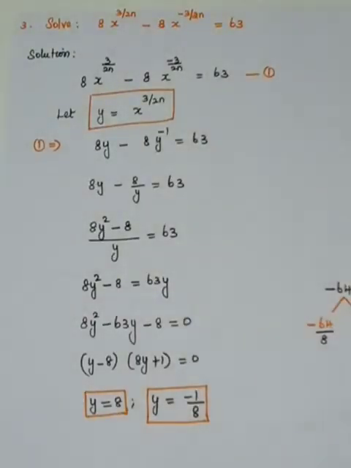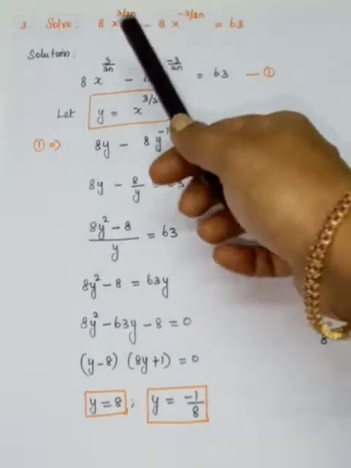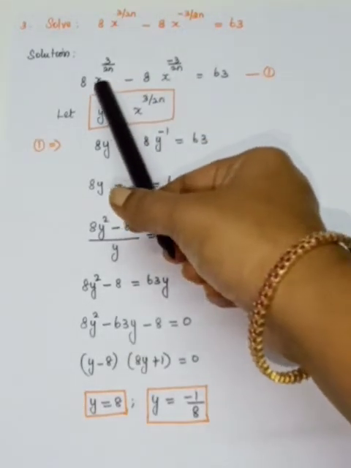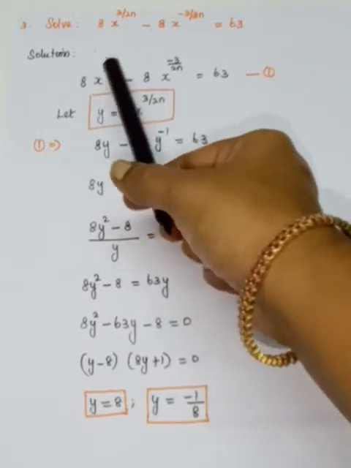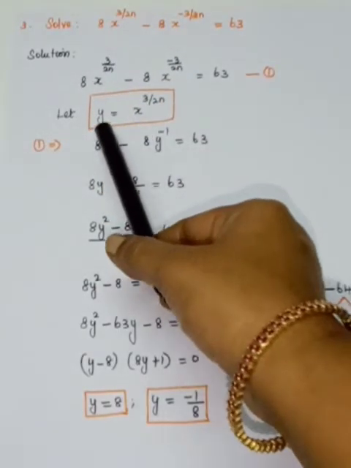Okay. So coming to the third problem. 8 into x power 3 by 2n minus 8 into x power minus 3 by 2n is equal to 63. So see now, first here x power 3 by 2n has to be taken as y.